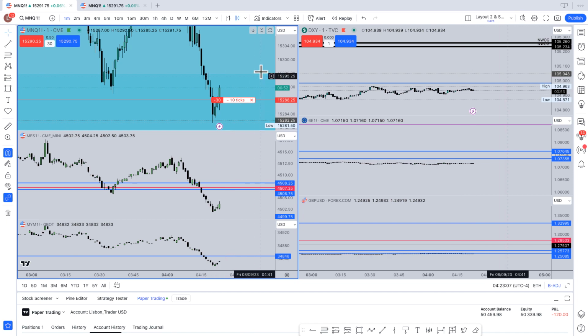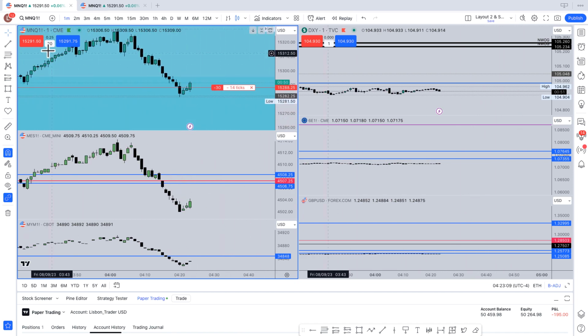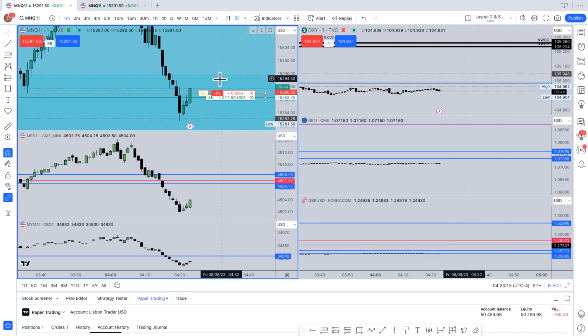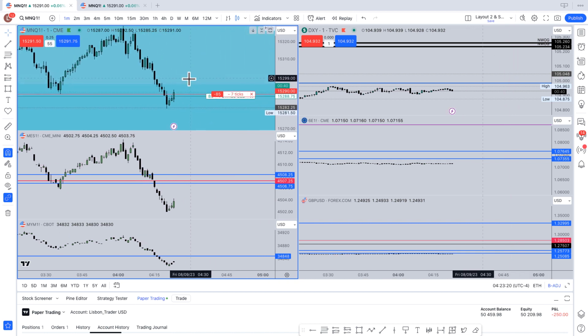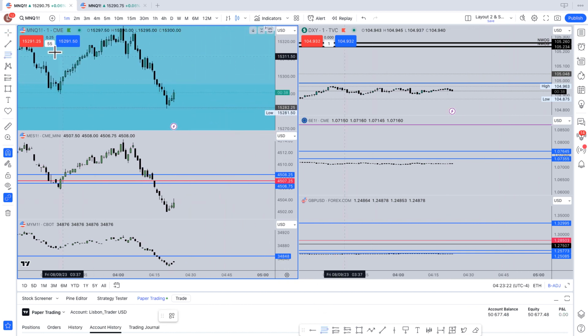Now it's pumping higher. Let's push it. There's an imbalance here, might try to go there before. Okay, great.